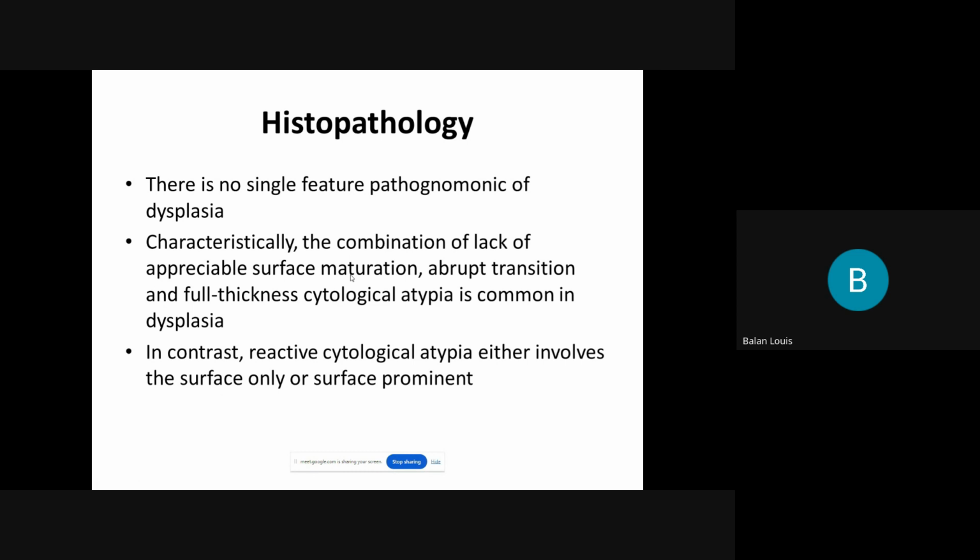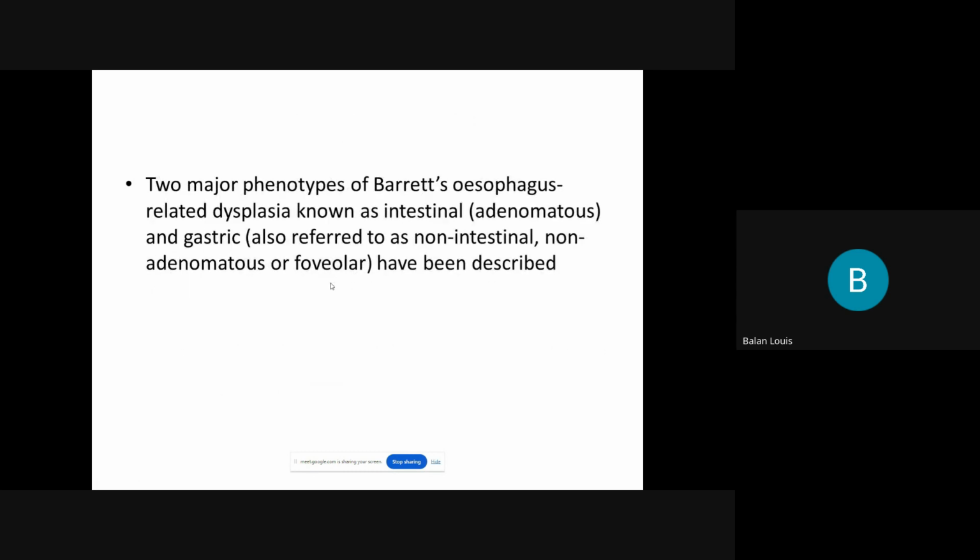Okay. So then you need to look at stratification. Depending upon that, there are two major types of Barrett's esophagus related dysplasia. One is intestinal type of adenomatous Barrett's dysplasia, or gastric type, also referred to as non-intestinal type of adenomatous or foveolar type of Barrett's gastric type dysplasia.